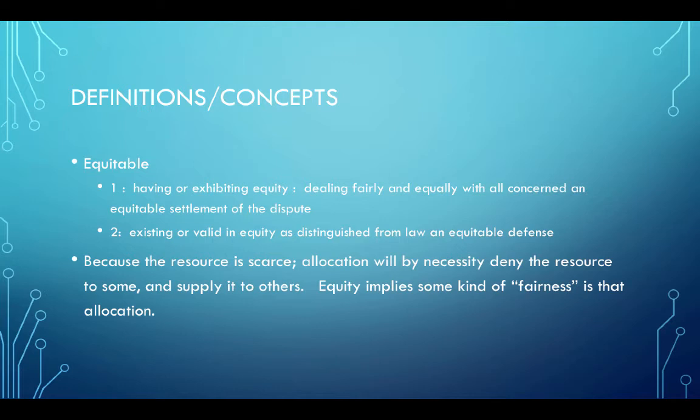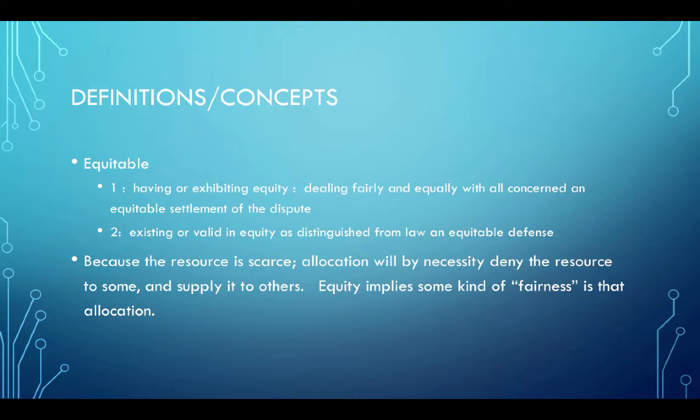So because the resource is scarce, we've already stipulated that the allocation will necessarily deny the resource to someone and supply it to others. The concept of equity implies that that allocation occurs in some context or some architecture of fairness with respect to that allocation.